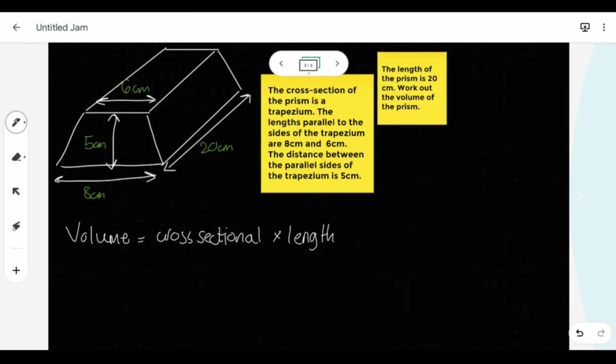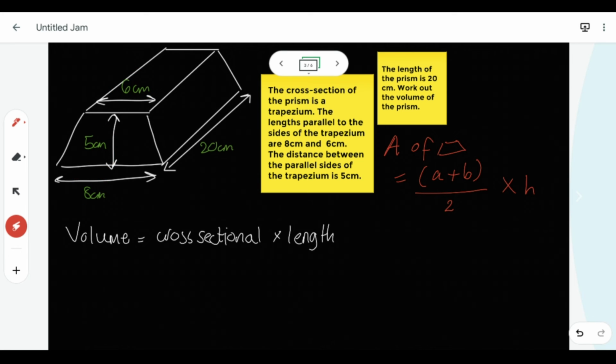Now, the area of a trapezium can be calculated with the following formula. So A plus B over 2 times by the height. Now, this is A, this is B, this is your height.